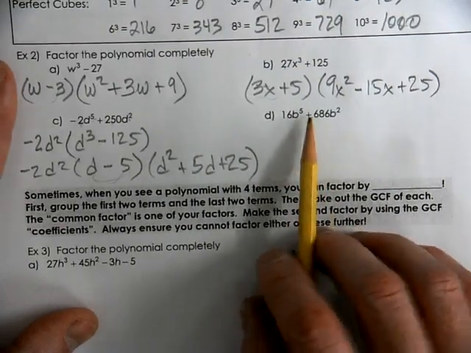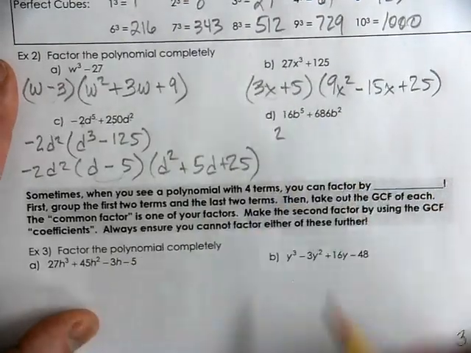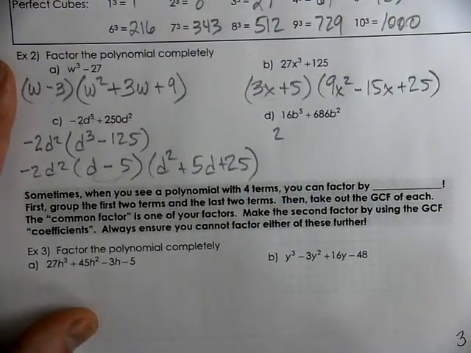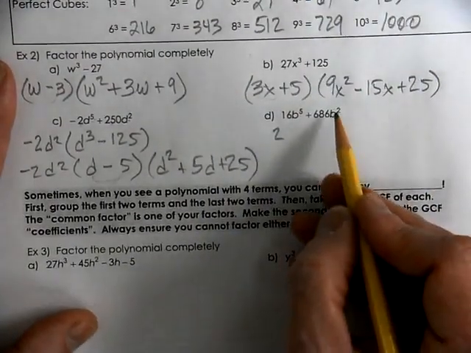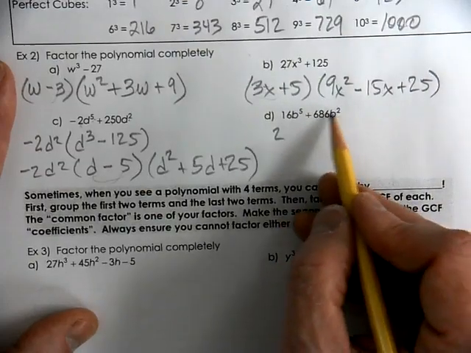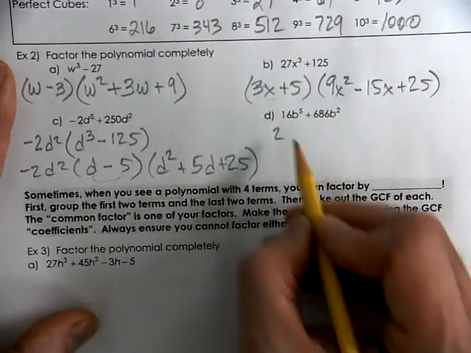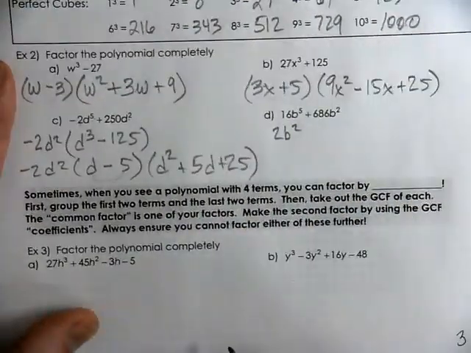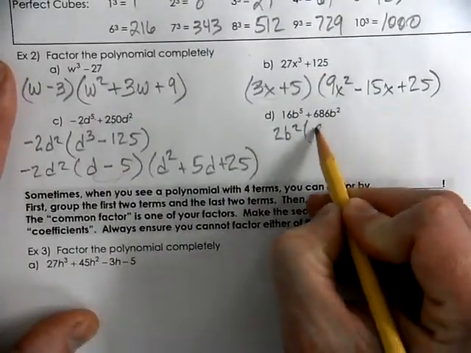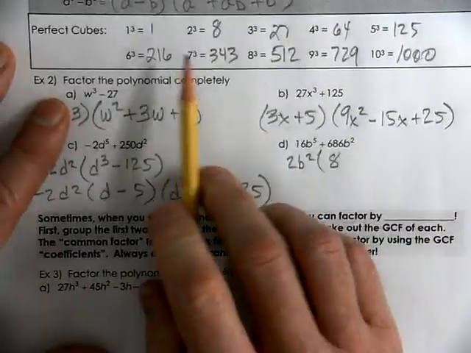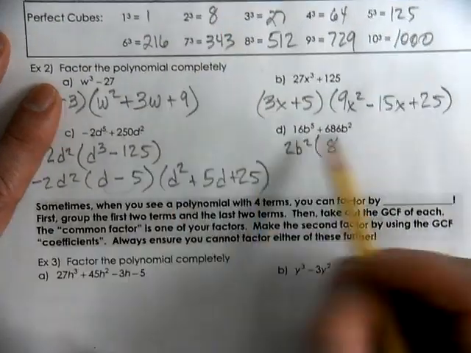Here I notice they're both even. So I can pull out a 2 at least. I notice my lower exponent is 2, so I'm going to pull out b squared. That's going to leave me an 8. And yes, an 8 is a perfect cube. That's good.